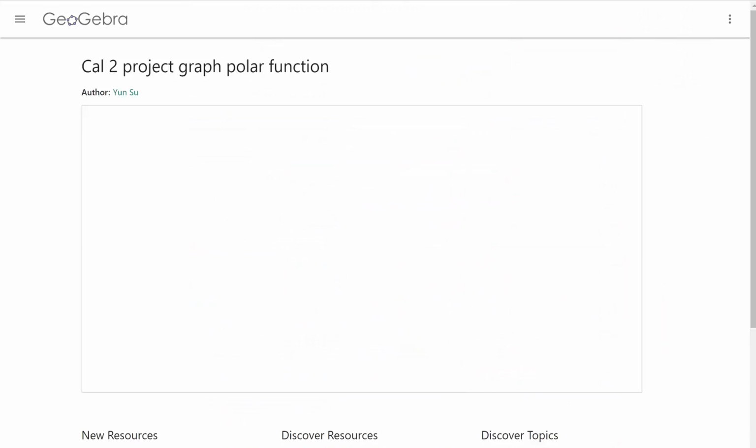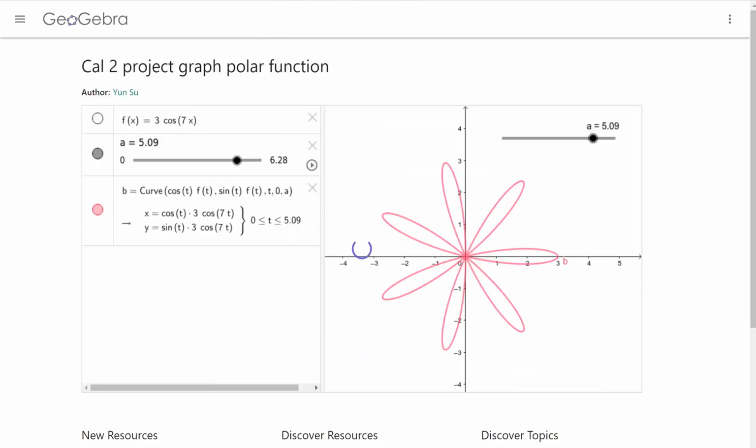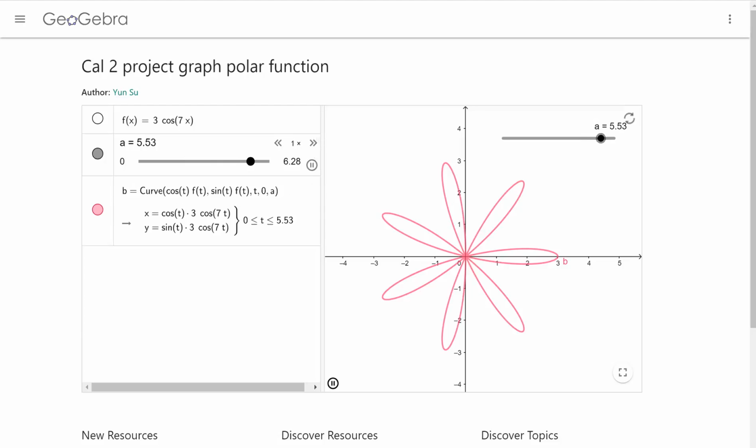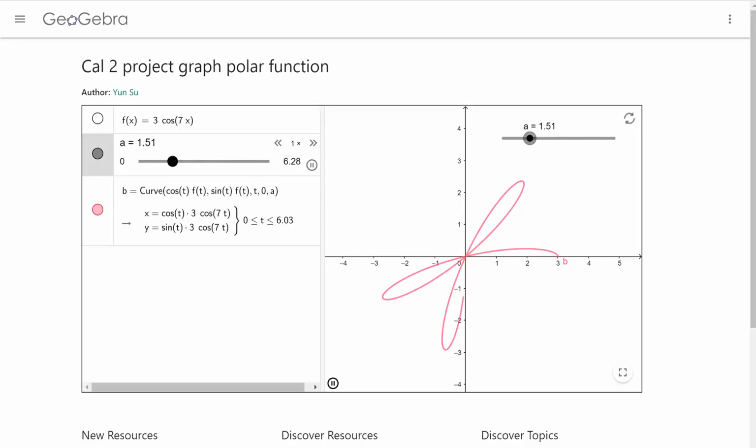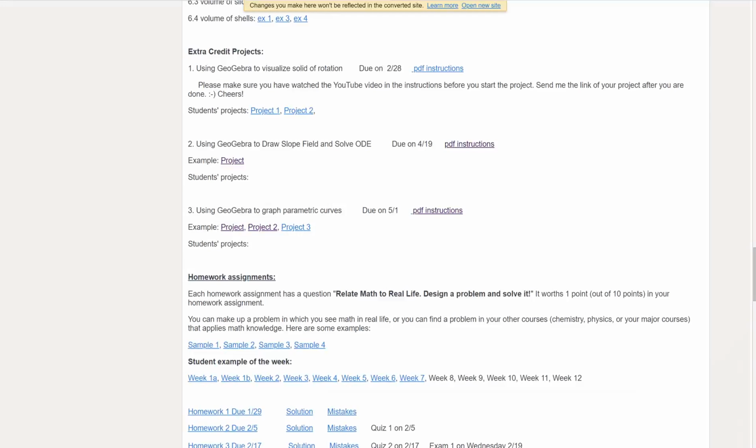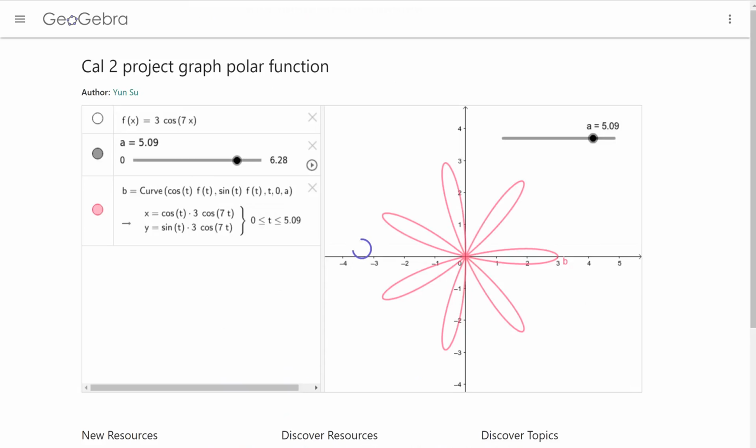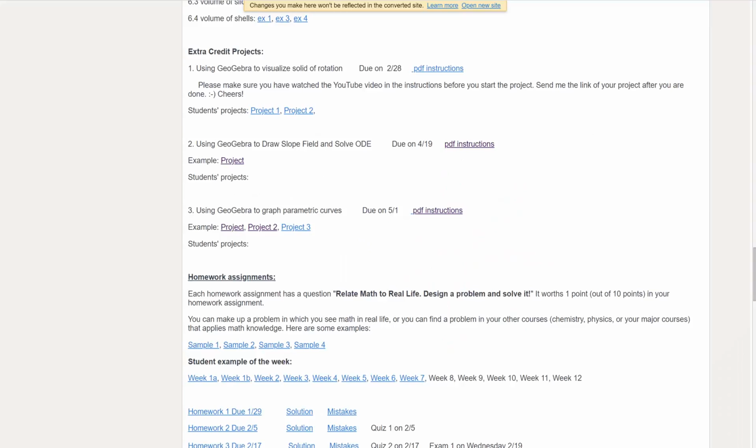Let's look at the first project. This is the x and y. Wow, it looks like a flower, doesn't it? You can see when your A increases, you get more leaves on the flower. And the next one, we have the same one.